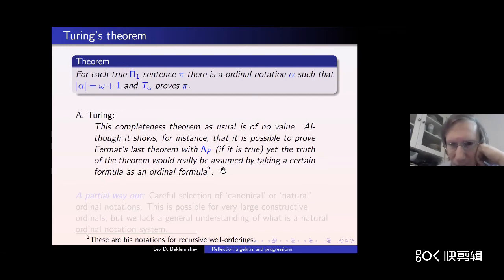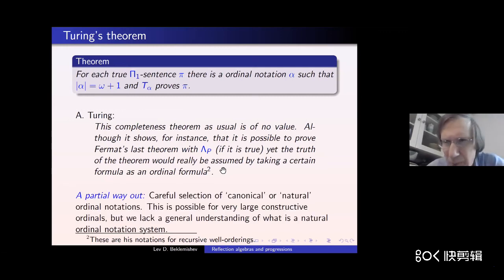What one can do, and experience showed in later years that this is possible for many natural examples, is careful selection of canonical or natural ordinal notations, not produced by the results themselves that one wants to prove using this progression, but rather selected ad hoc as a natural system to represent ordinals.